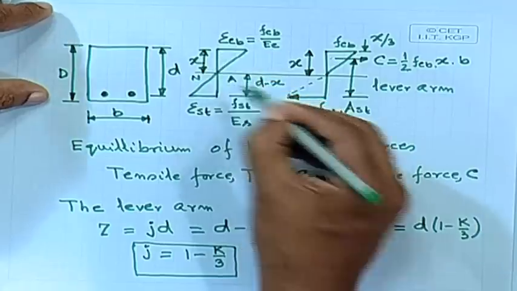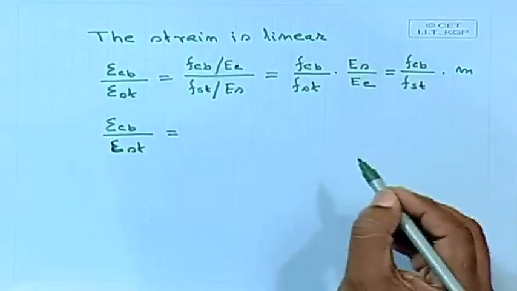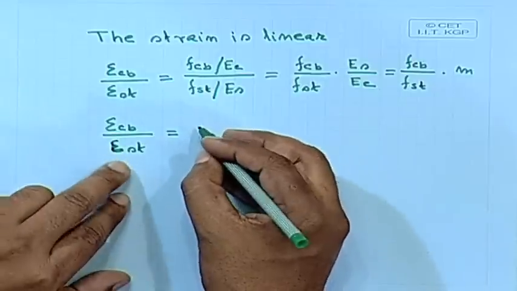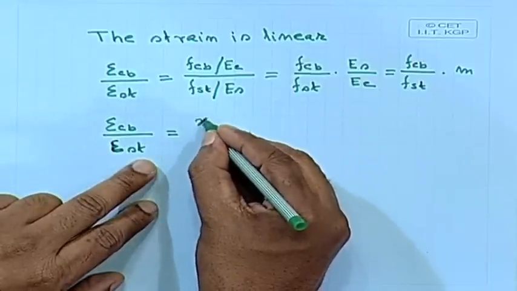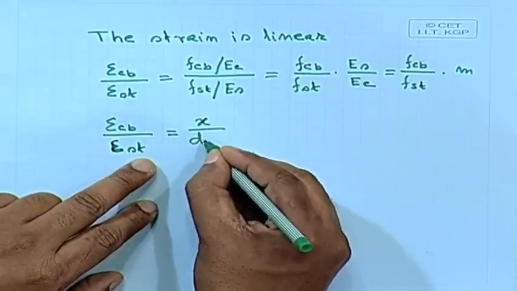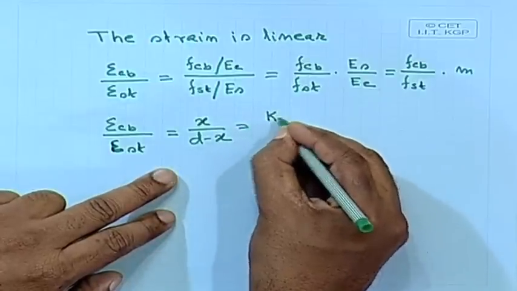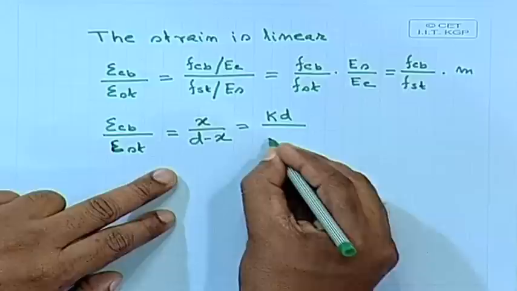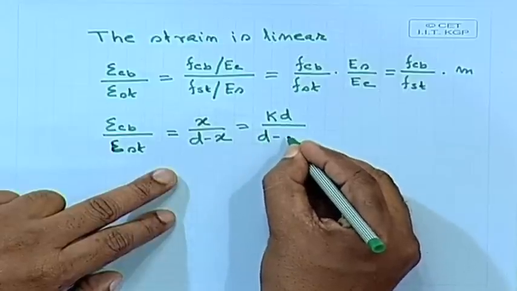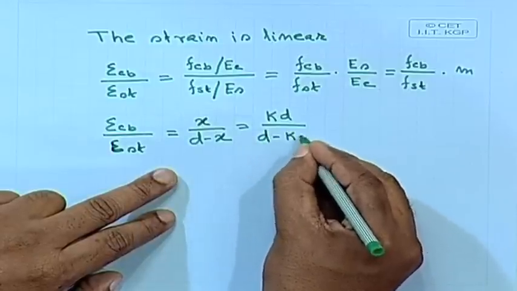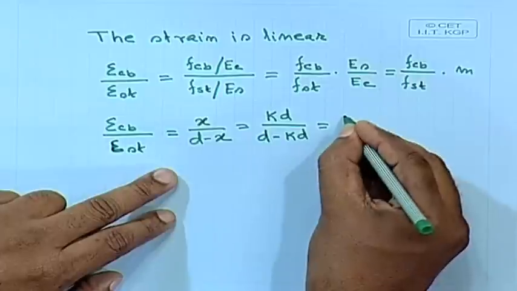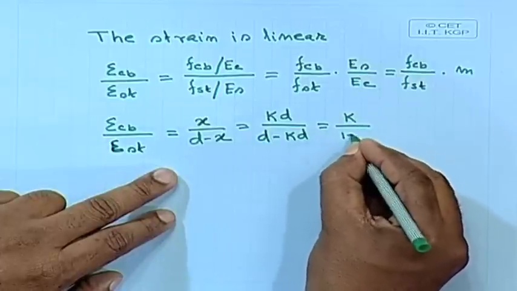So, epsilon_cb by epsilon_st is nothing but x by (d minus x), the similar triangle, equal to kd by (d minus kd), equal to k by (1 minus k).